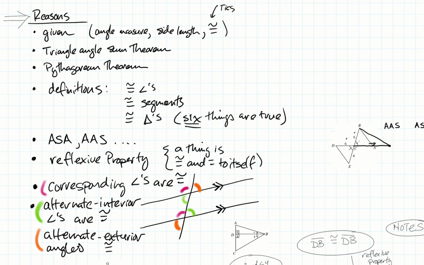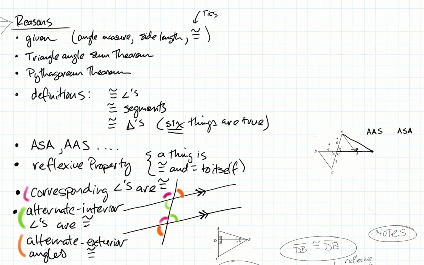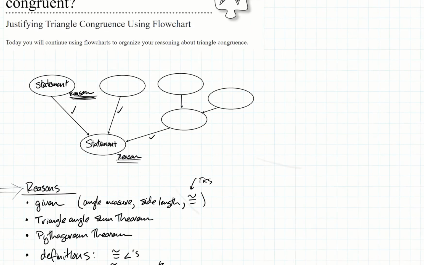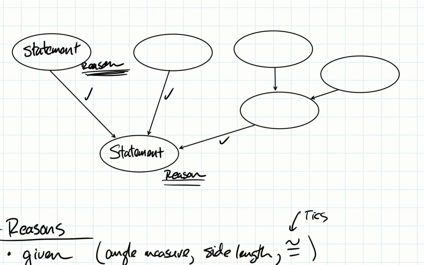Some of them can be theorems, some of them can be things from your 7th or 8th grade year that you know, especially with the corresponding angles. But just this one proof and the reasons, and also the big idea here that when we're using a flowchart proof, they always contain statements. There are always statements in the ovals, and in addition to the statements in the ovals, we have reasons that sit outside of that.